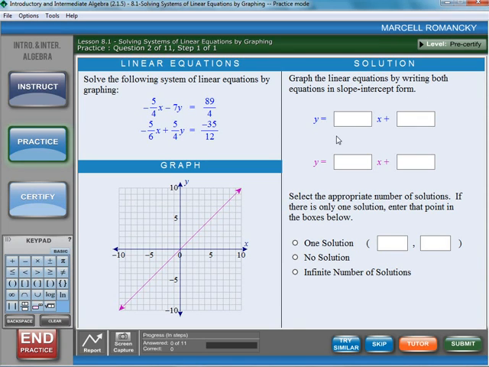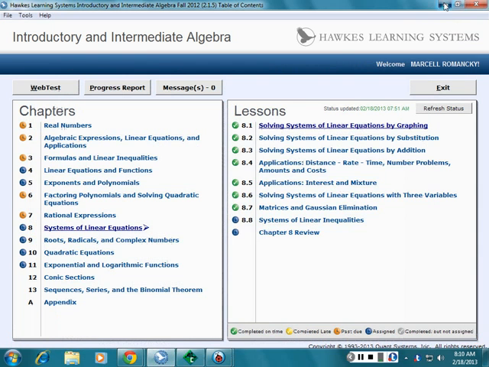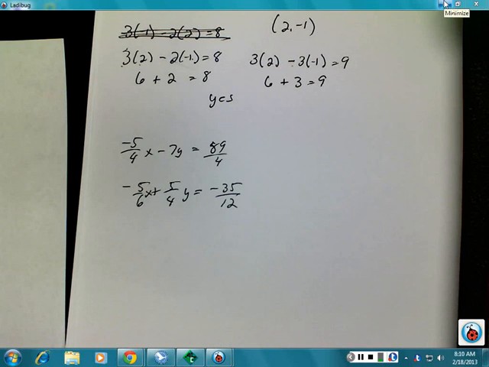And Hawks has a tendency to give some pretty big numbers that we need to take a look at. Let's shrink this, and we're back to this piece.